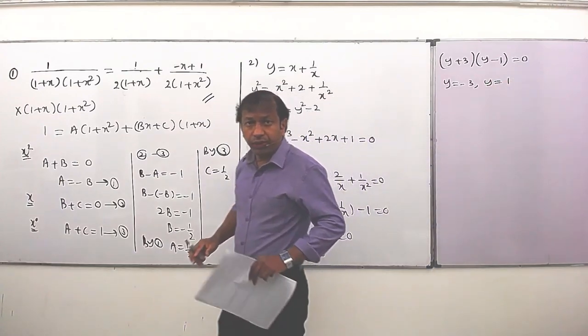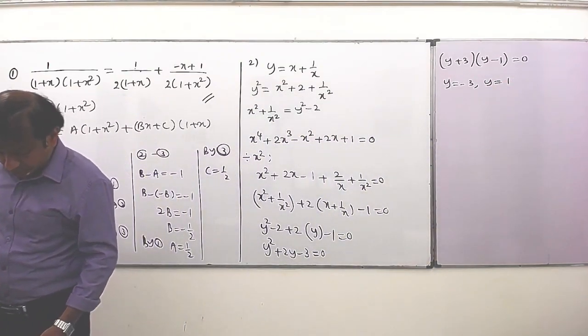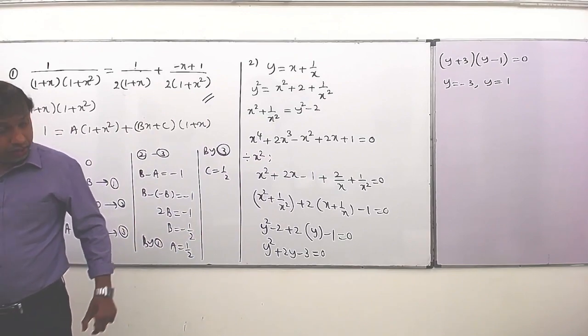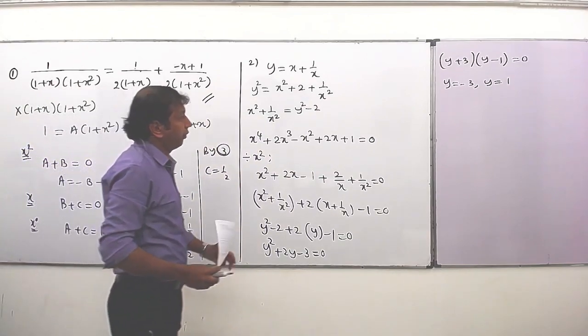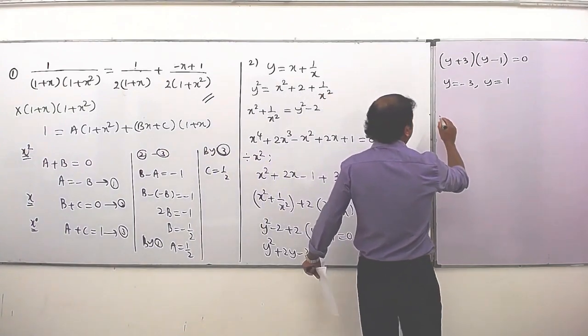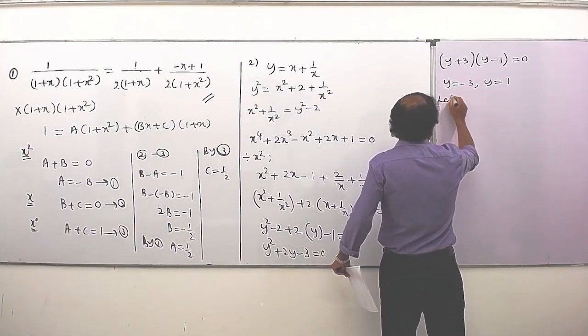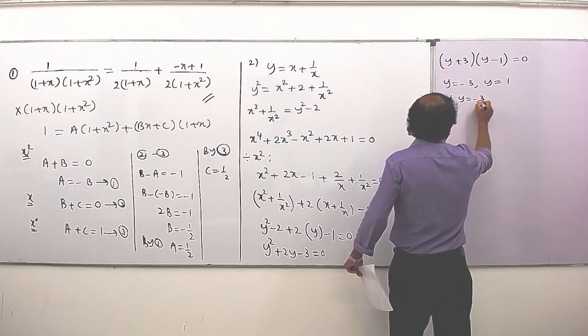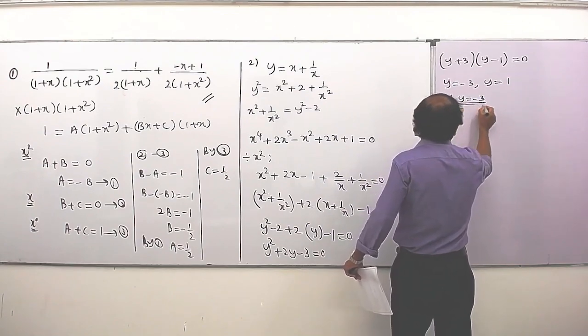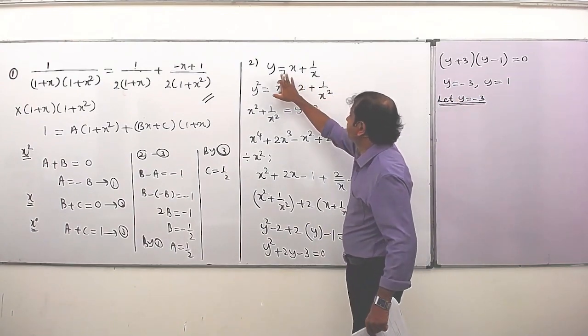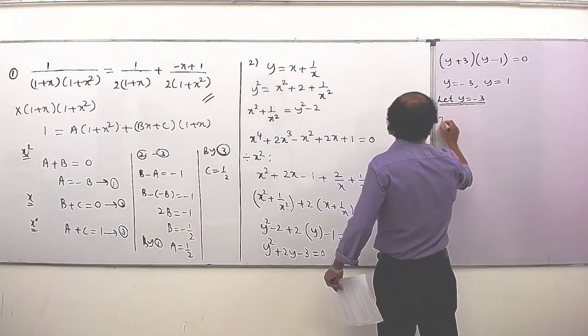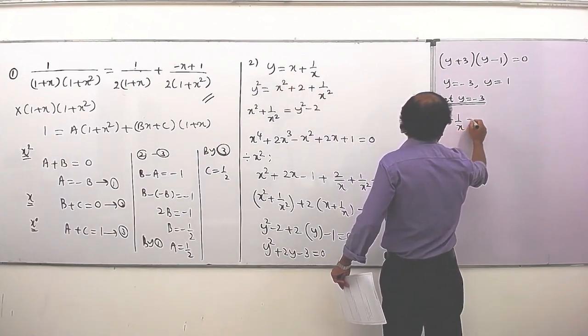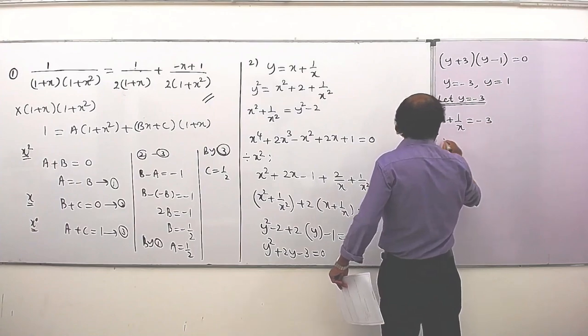Y equals minus 3 and y equals 1. Right, now we need to find x. Then first I take y equals minus 3. Y is this, no? Then we get x plus 1 over x is equal to minus 3.